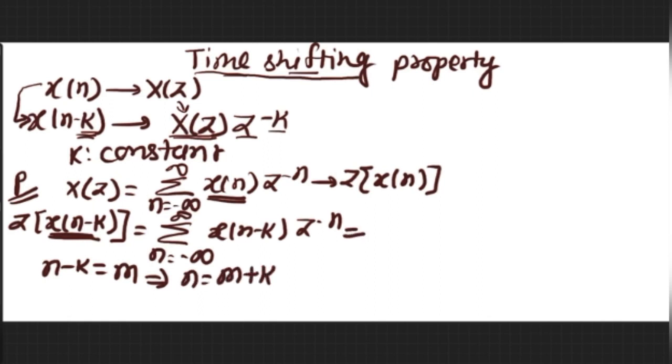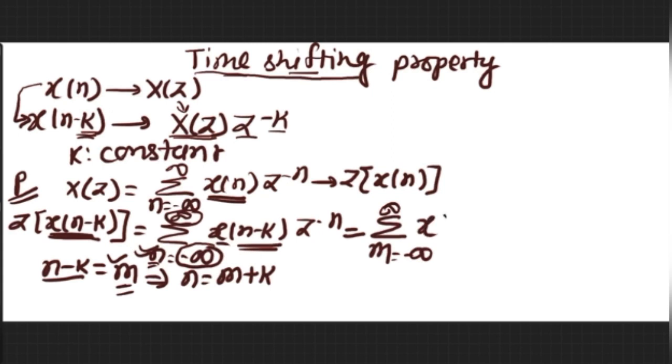Now, we will do these two replacements in this equation. The limit of summation, which was previously with respect to n, will now be with respect to m. Since n is moving from minus infinity to plus infinity, m will also have values from minus infinity to plus infinity. x[n minus k], where n minus k is m, we can write as x[m]. In z to the power minus n, we put m plus k in place of n.